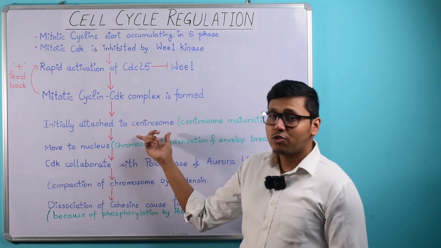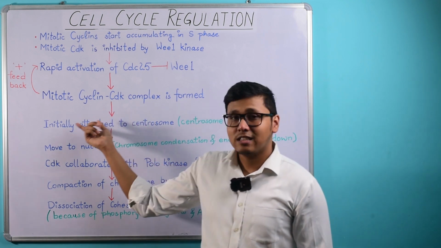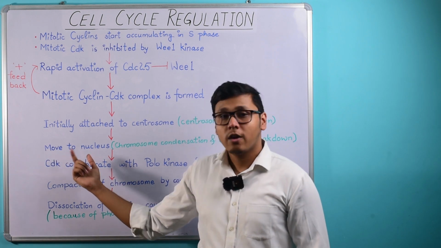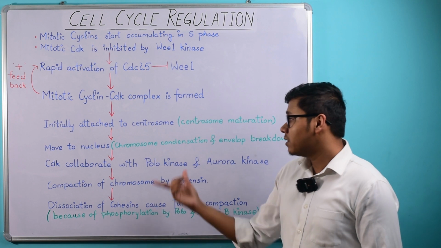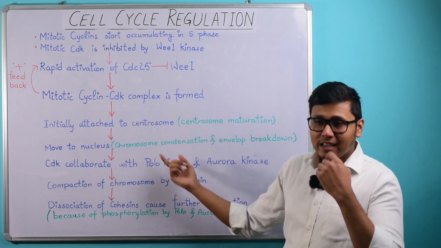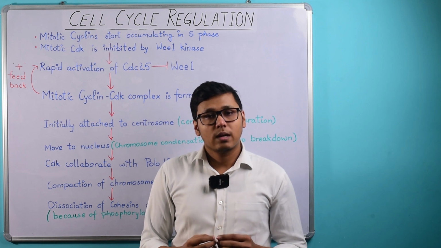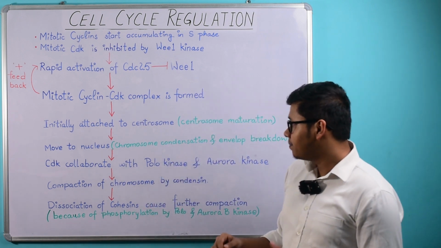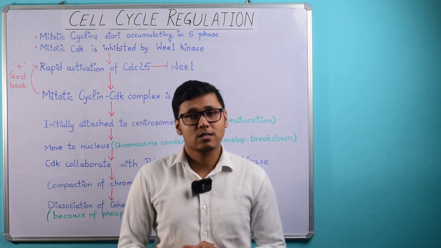And once the centrosome maturation has taken place, the mitotic cyclin and CDK complex move to the nucleus, where another very vital process is taking place, which is the chromosome condensation, and they assist in the chromosome condensation as well as in the nuclear envelope breakdown. So how the chromosome condensation takes place, and first of all, why is chromosome condensation important?